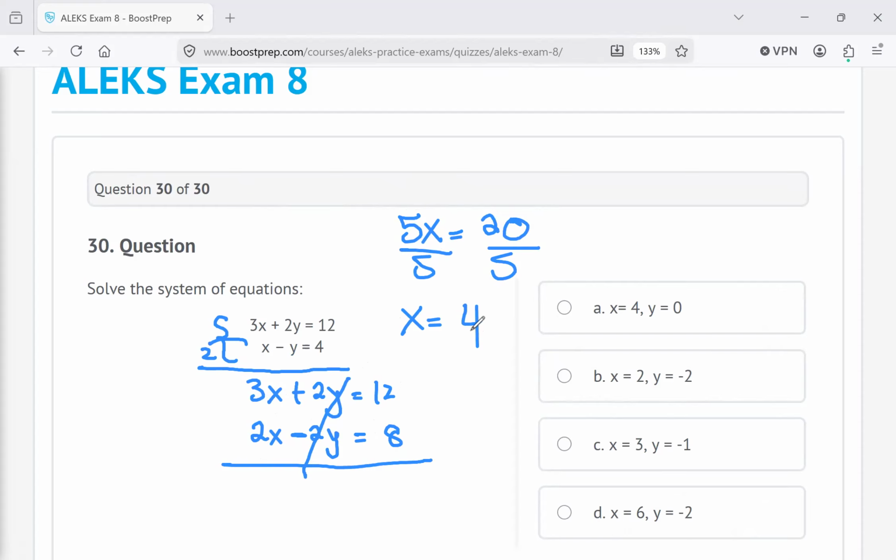Then you solve for y by plugging it back into either equation. 3 times 4 plus 2y equals 12.